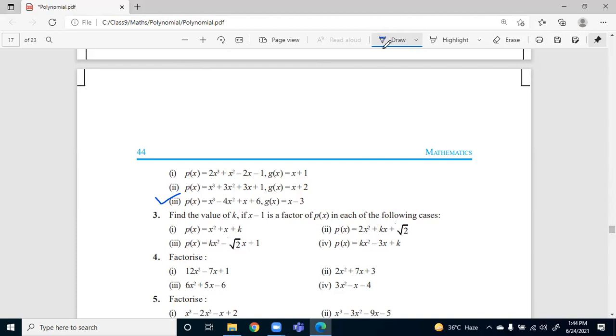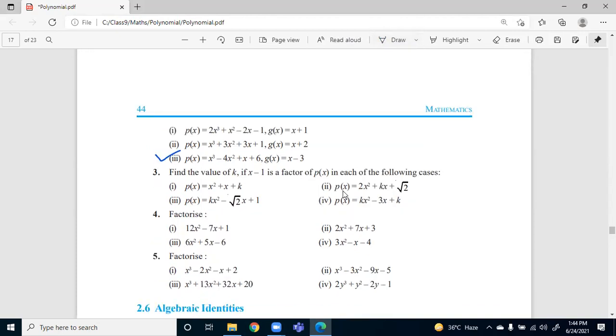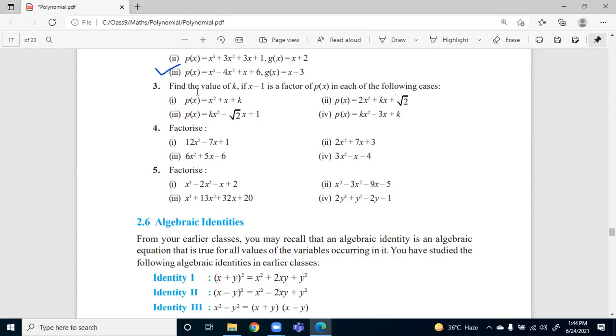Okay, so let's quickly try factorization. This type of question might come, where you have to find the value of k. That will definitely come. So let's try the second part. Ma'am, here we have to determine, like, x as 1.